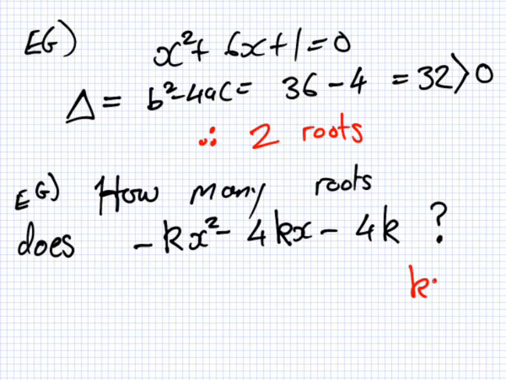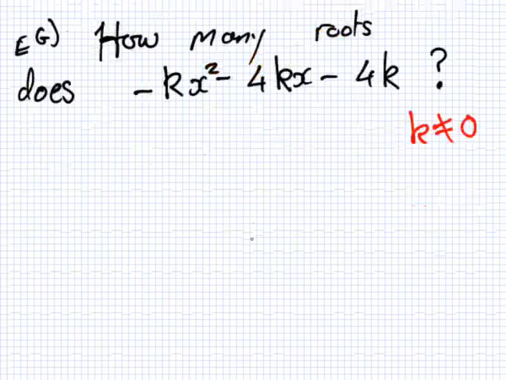Now this is a k. There's only one thing we know about k. What's that? Is it a constant? True, it's a constant. And what do we know about its value? True, but there's something we know about what values it could be and could not be.